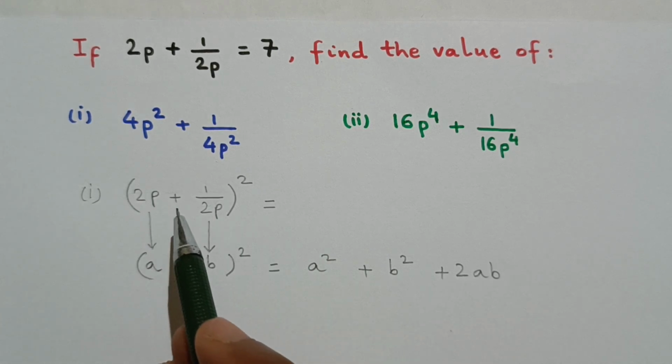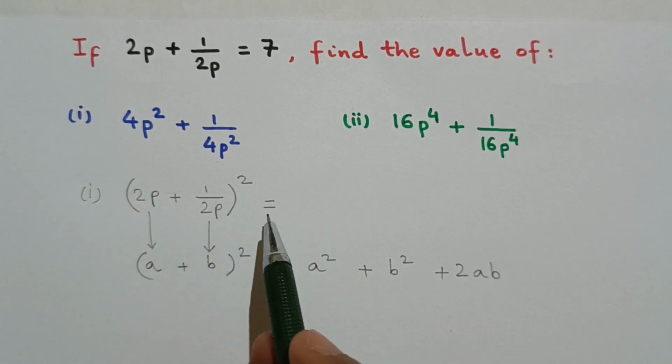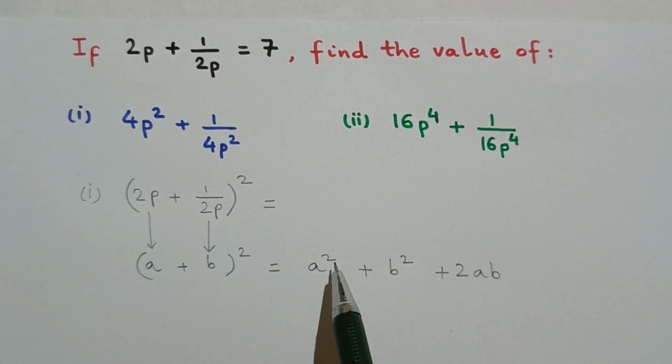So therefore 2p plus 1 upon 2p whole square will be, now a square.